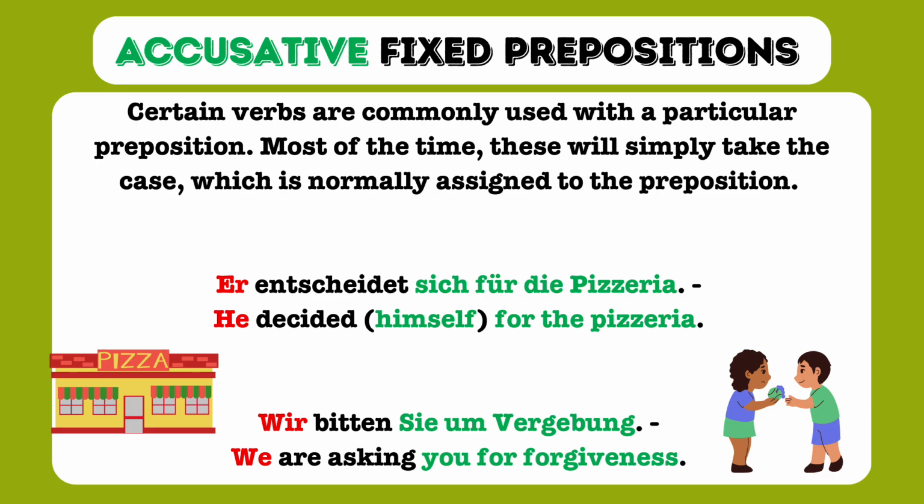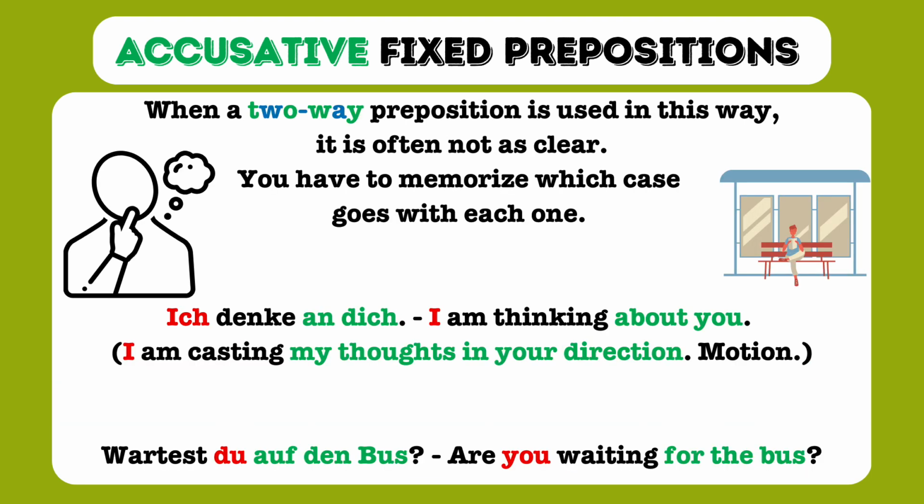Wir bitten Sie um Vergebung. We are asking you for forgiveness. When you are asking for something in German, um is the preposition that you use, even though that does not usually mean the word for. When a two-way preposition is used in this way, we have to worry about whether it's accusative or dative, but it's more murky this time because we're not sure if this is showing motion or not.